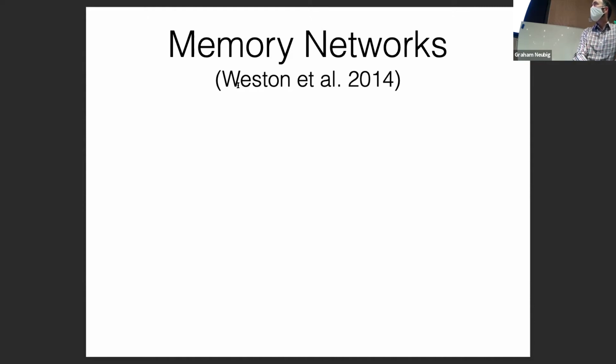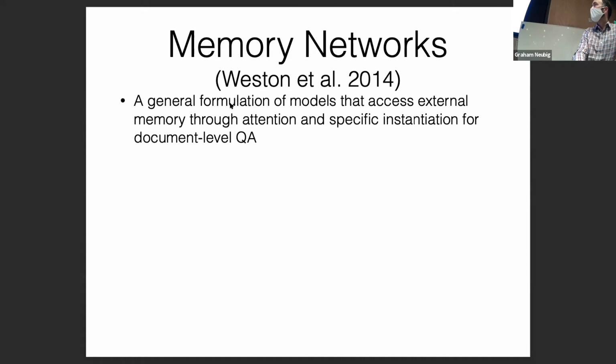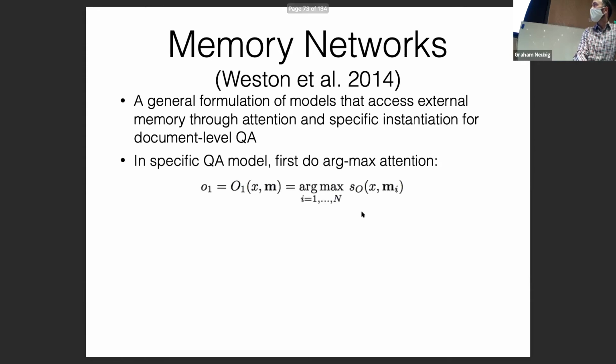So another implicit way that you can model these things is by using something like a memory network. And a memory network is a general formulation of models that access an external memory through attention. So, for example, in this particular paper, they do attention and get the argmax over the attention.